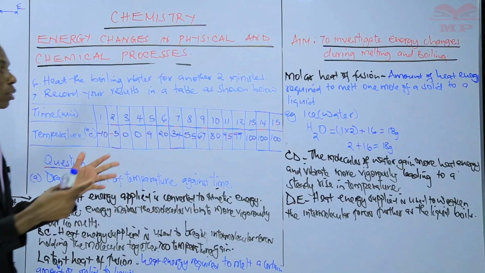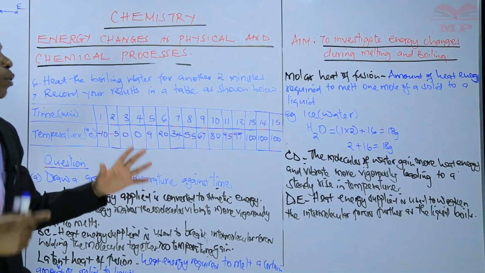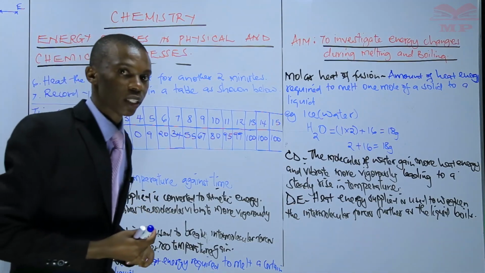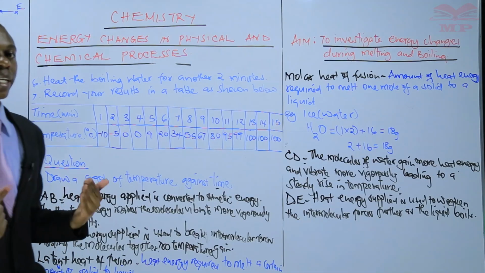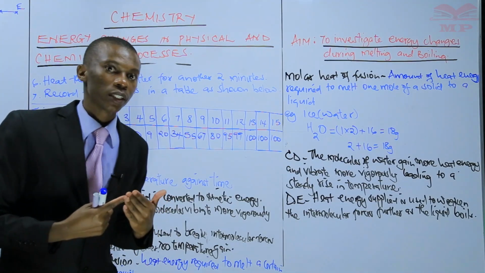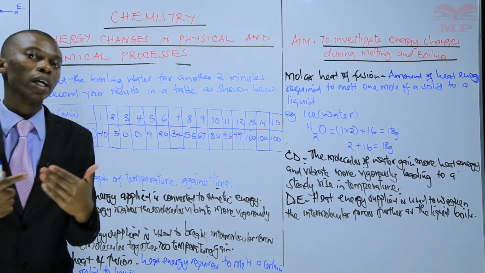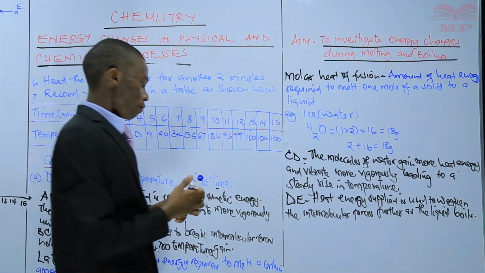There are still intermolecular forces in this liquid. Those forces are now weakened further as the liquid boils. The amount of heat energy required to boil a certain amount of a liquid into a gaseous state, we call the latent heat of vaporization.